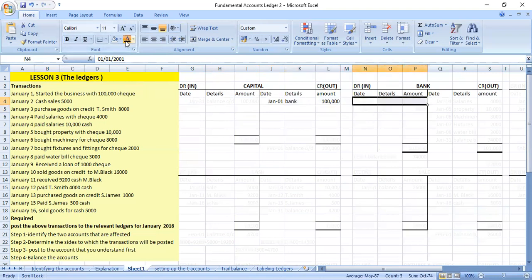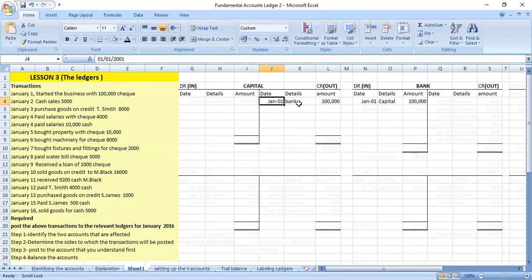Let us look at the information that we're seeing. For both accounts, it's the same date, January 1. In terms of the amount, it's the same amount, 100,000. Remember, we're using the double entry system of accounting. For the details though, that's where the difference comes in.